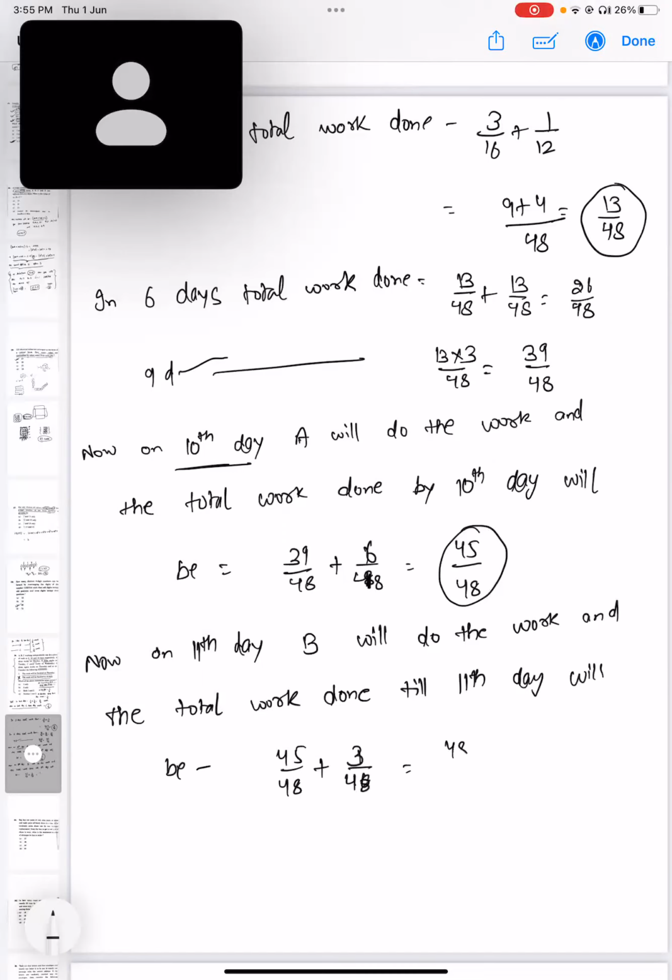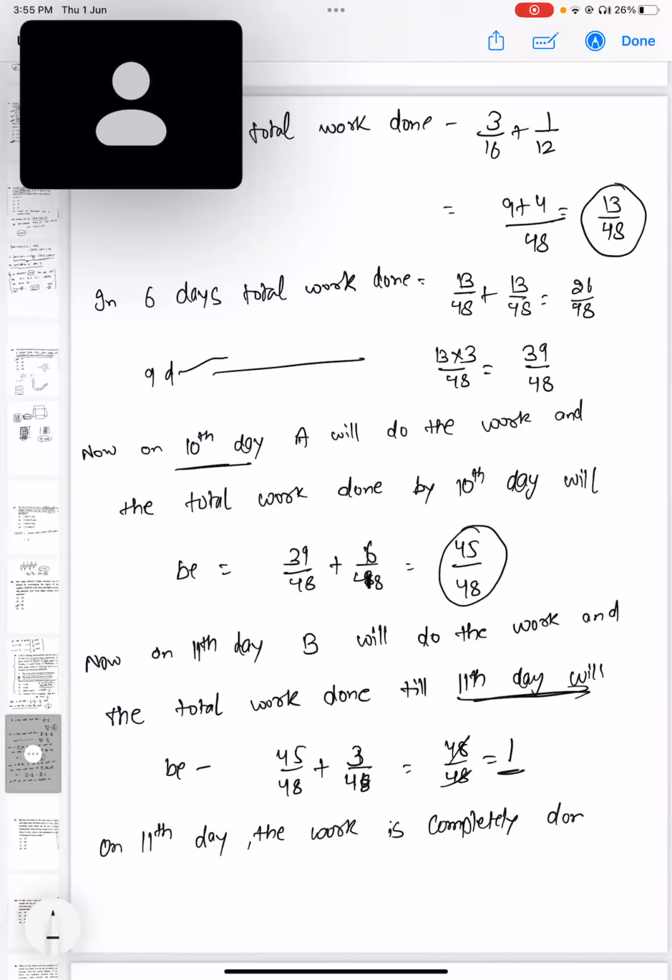So basically 48 upon 48, 1. So on the 11th day, the work is completely done, right? So it started on Monday.